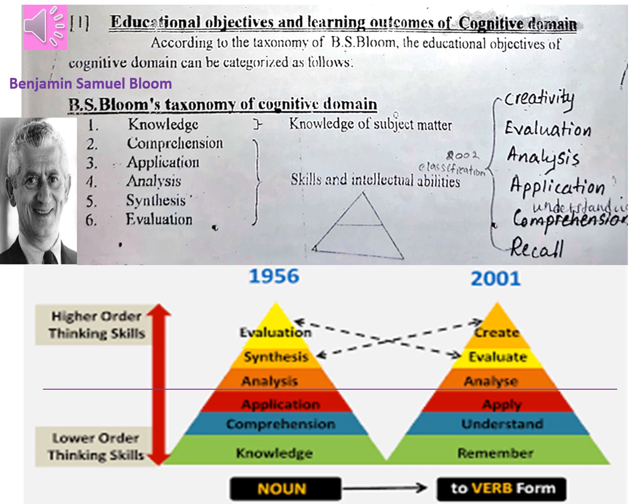There are six different types, right? According to the taxonomy of B.S. Bloom, the educational objectives of cognitive domain can be categorized as follows. B.S. Bloom's taxonomy of cognitive domain, right? B.S. Benjamin Samuel, that's his photo, right? According to B.S. Bloom's taxonomy, there's another name for this taxonomy, classification.